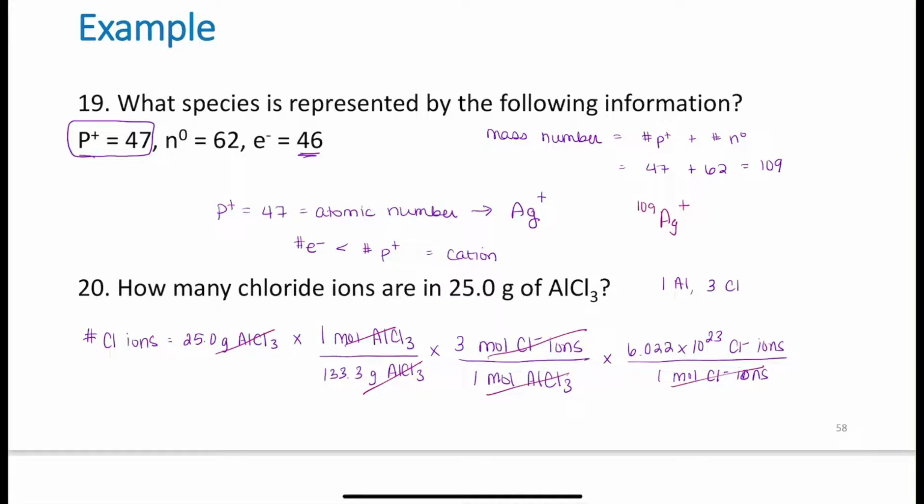And when I calculate this out, I get an answer of 3.39 times 10 to the 23rd Cl- ions. Again, asking myself, does the answer make sense? Well, 25 is less than 133. This is less than 6.022. So that's the best correlation I can give.